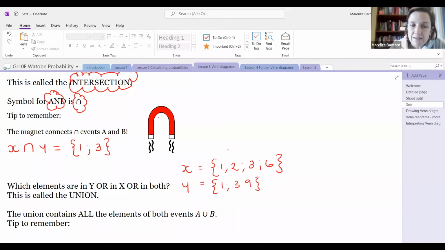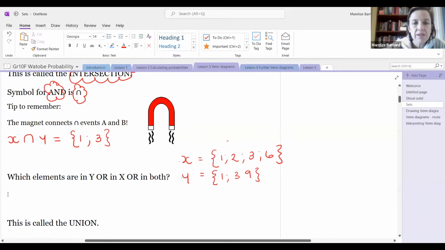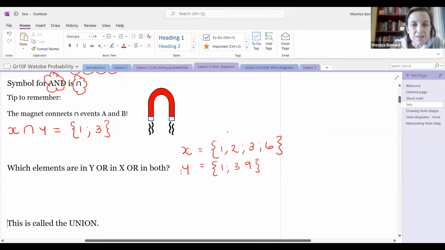Now listen carefully: which elements are in X, in Y, or in both? Think about that. Pop your answer in the chat if you think you know. Which elements are in X, Y, or in both?